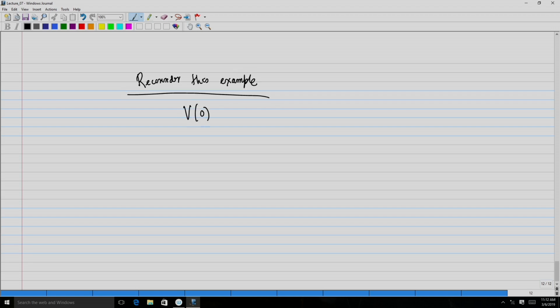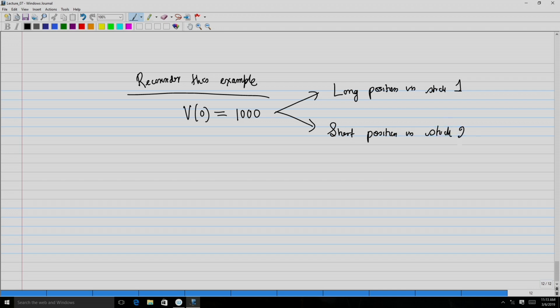Now, as before, we start off with an initial investment V0 equal to 1000, but this investment now will mean a long position in stock 1 and a short position in stock 2. And suppose we take the weight for the first one to be 1.2. So, naturally the weight for the second asset is going to be minus 0.2.